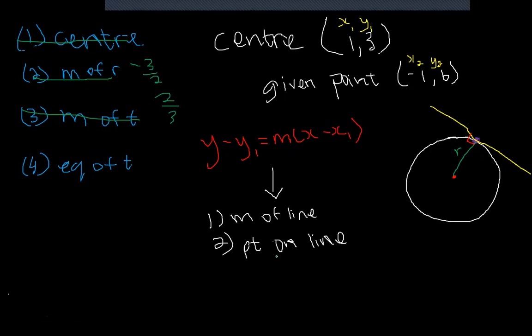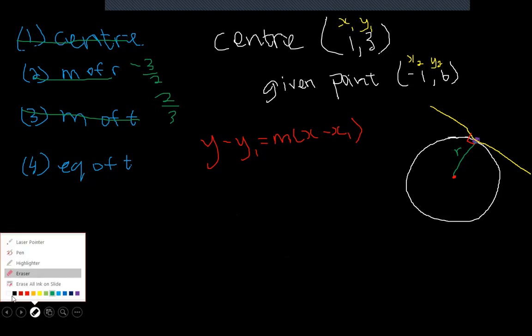Very important: the point must be on the line. I need you to notice that for the tangent, the only point that lies on this line is this purple point, the given point. That's why when finding the equation of the tangent, you have to use the given point. You cannot use the coordinates of the center.